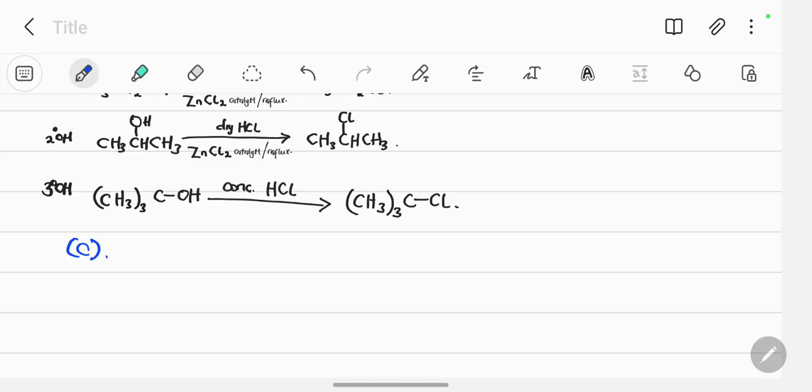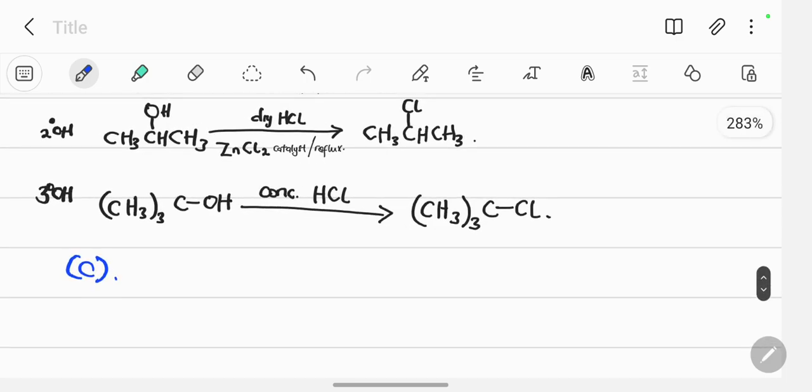So let us try out that one and we see. So if I'm adding in the formation of any alkyl bromide, we can use this. It's stated that alkyl bromides can be formed by treating tertiary alcohols with a mixture of red phosphorus and bromine. So we treat tertiary alcohols with a mixture of red phosphorus and bromine.